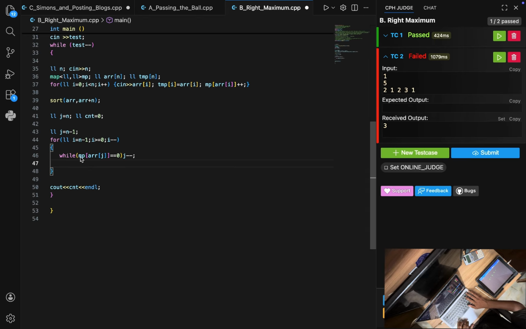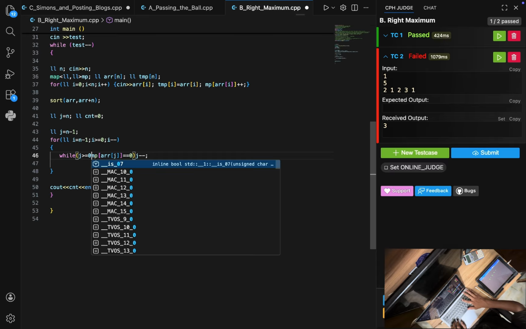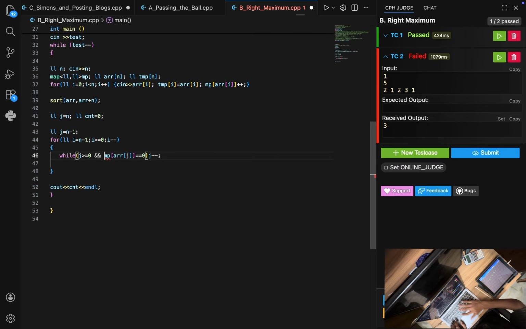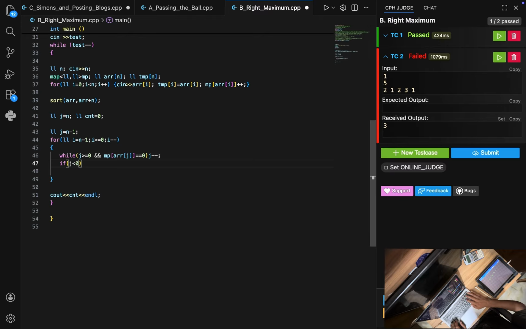If j is greater than or equal to 0, and if j is less than 0, break. Okay, those are just my safety checks.